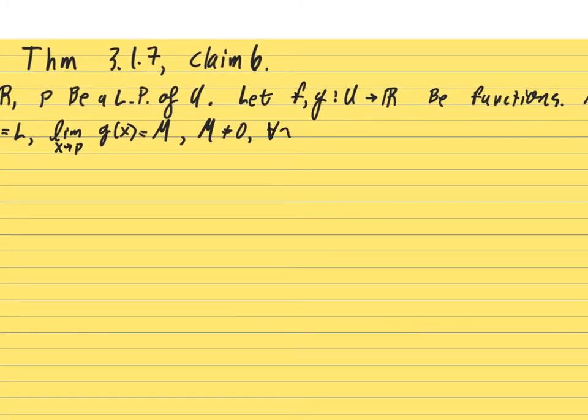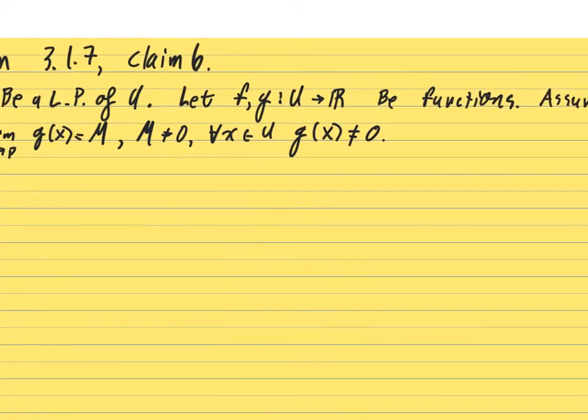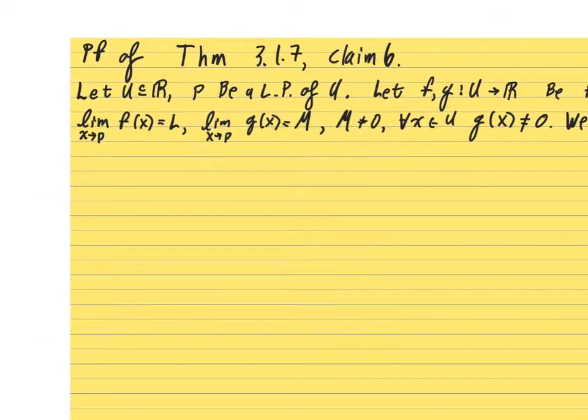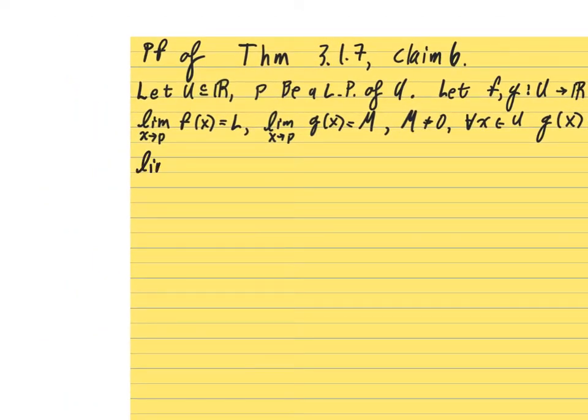And that for all x in U, g of x is not equal to 0. Then here is what I claim, the thing I'm going to show you: that the limit as x approaches p of f of x divided by g of x is equal to L over m. So there's what I'm going to prove.